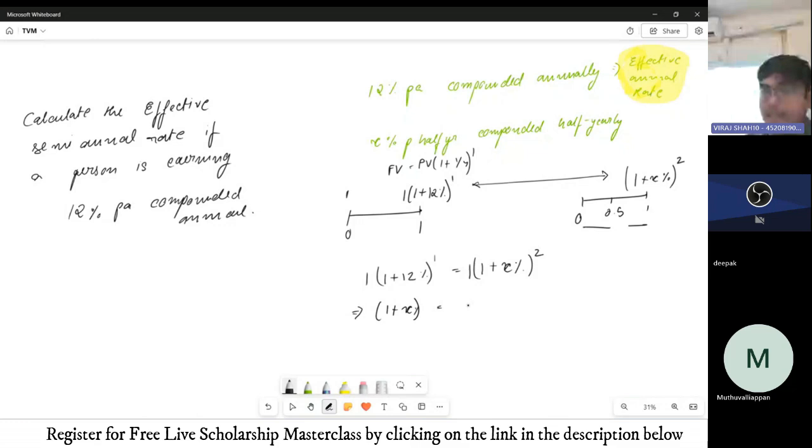Lower to upper means monthly to quarterly, and annual to quarterly, semi-annual or monthly also you can do. You can extrapolate it to all the scenarios if you want to get a formula out of it. Now I am writing a formula. This is for you to become fast in the exam, nothing else.